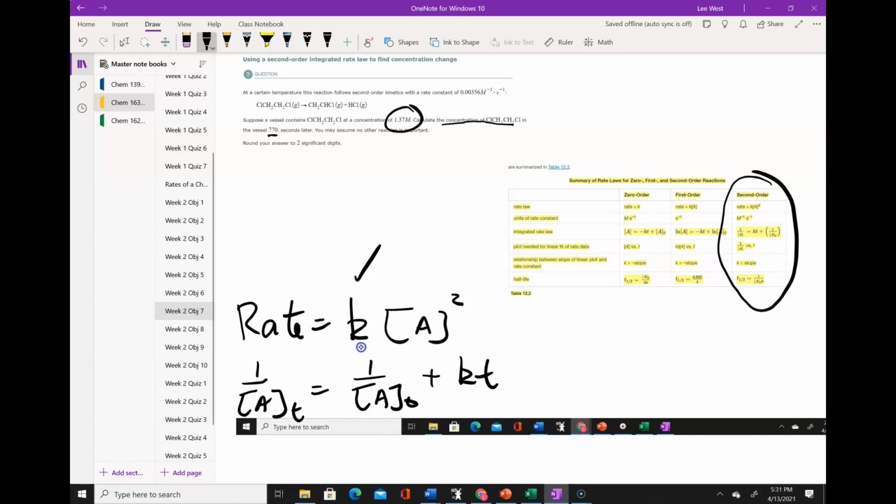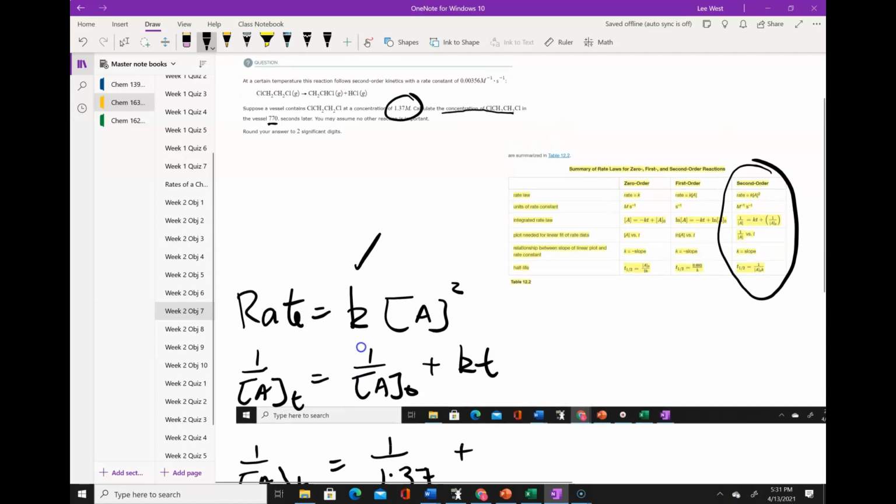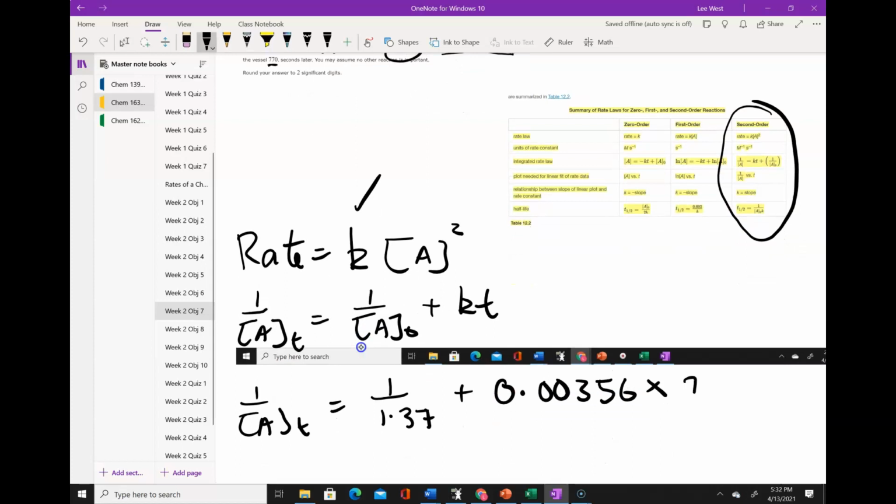So it's going to be pretty straightforward, isn't it? It's plug and chug. I'm going to get 1 on the concentration, and then I'm going to take the inverse of that. So 1 on my concentration at time t, which is going to be my 770 seconds, is 1 on my original concentration, 1.37, plus K, which was 0.00356, times my time, which was 770 seconds. So 2 sig figs, we should be good.